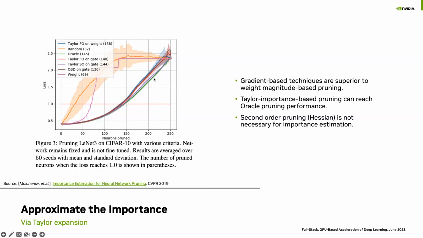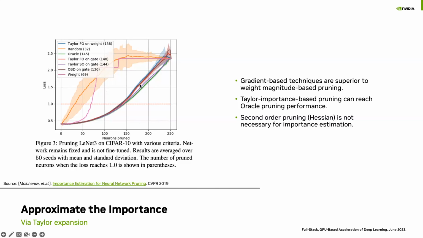This is the oracle result, which is the best performance that we can achieve. From this figure, we can see the magnitude-based method, colored pink, has the loss increase quickly, and even performs similar to random pruning when there are more neurons to be pruned.